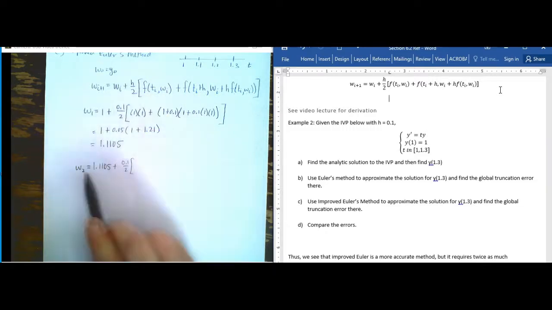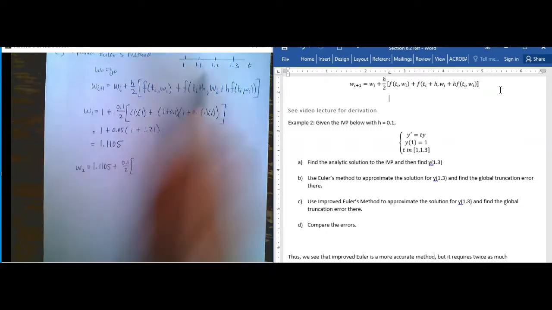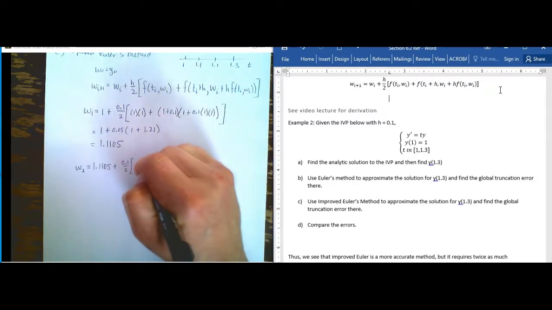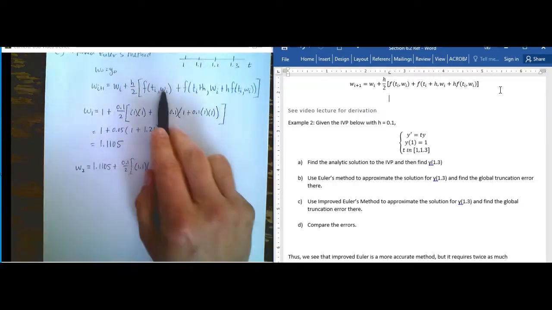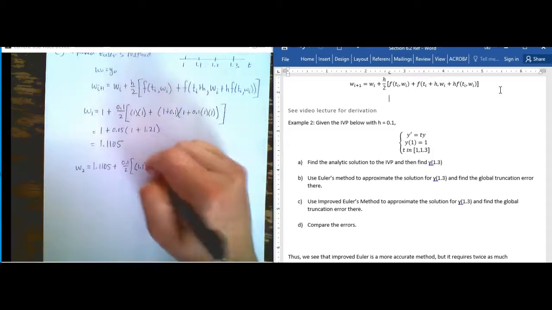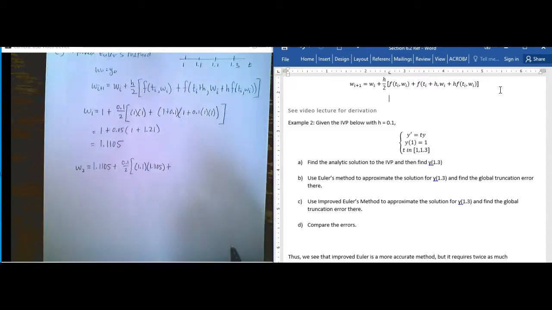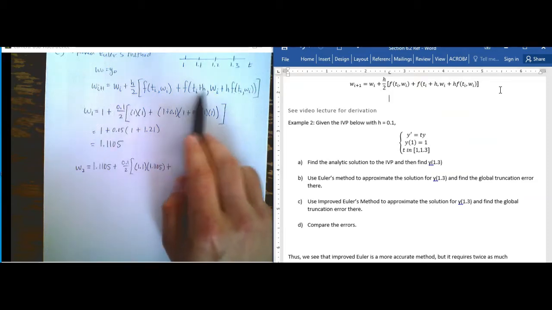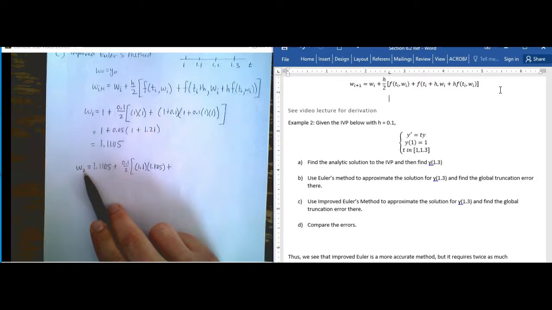Okay, so here we would be at t1. t1 is 1.1 times w1, which is 1.1105, plus, now here it's f of the previous t plus h, right? So here would be a t1, its index is 2.